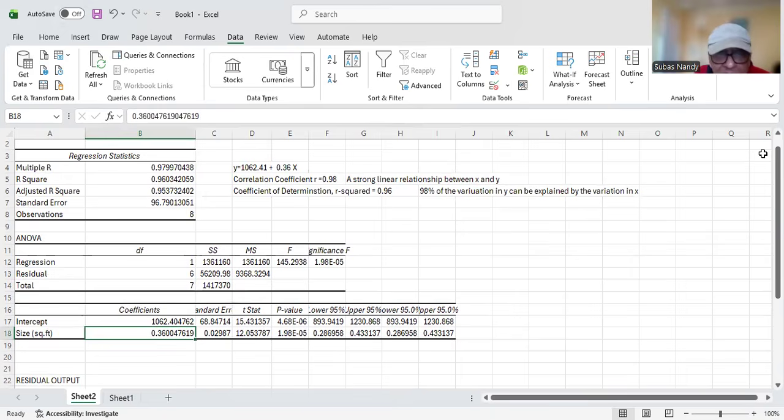Okay, and I also copied the value of R, the correlation coefficient, and also got the coefficient of determination. Only for the coefficient of determination, I multiplied by 100% to convert it to a percent. That is the percent of the variation in Y that can be explained by variation in X.